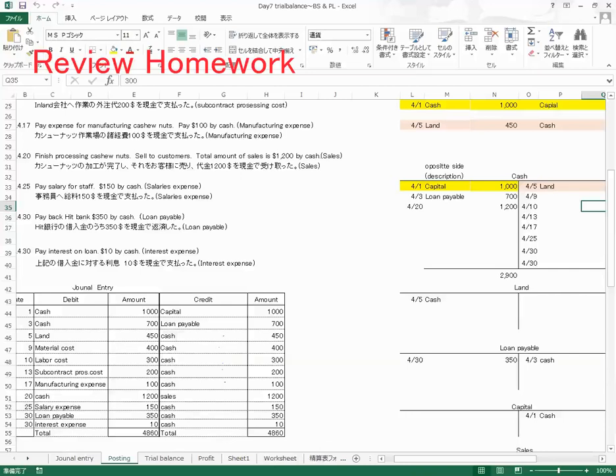So at the end of the month, you see the T posting automatically, but the programming itself is day by day. They go to cash and capital, then posting cash and capital, cash and loan payable, land and cash, like that.